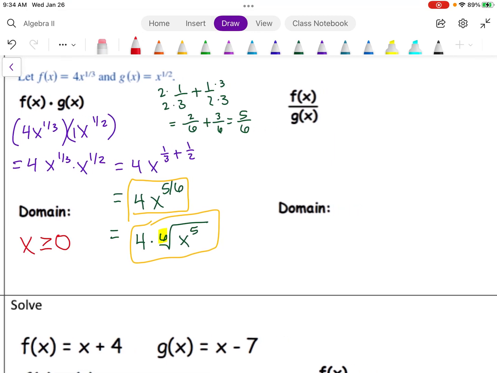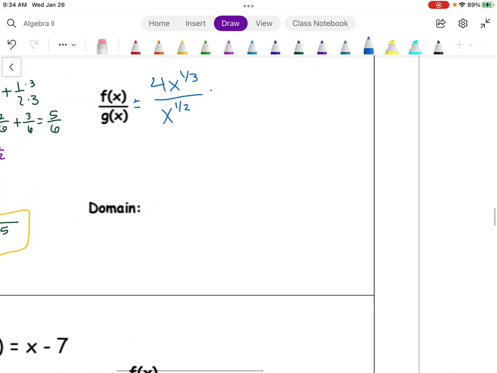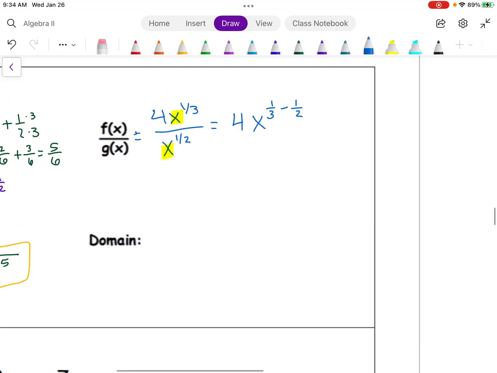Looking at the next example, f of x divided by g of x. Well, right, got to start by writing it out. F of x is 4 times x to the 1/3. And then g of x is x to the 1/2. So we're dividing, which means we're using our quotient rule. And our quotient rule says that when you're dividing two terms with the same base, you need to subtract your exponents. So we need to take 1/3 and subtract 1/2.